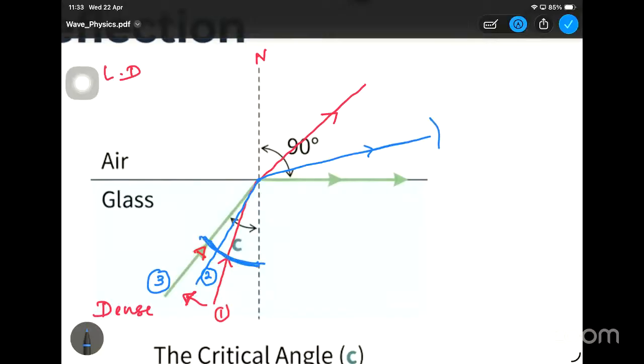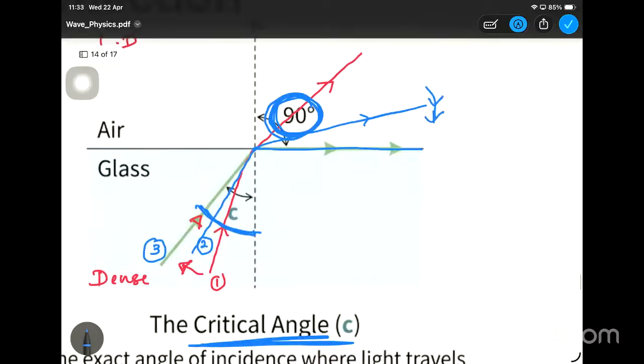So this ray will be further bent away from the normal, and eventually it will be going through the margin of the surface, making the refracted angle's value 90. So that moment, that is known as the critical angle, right?